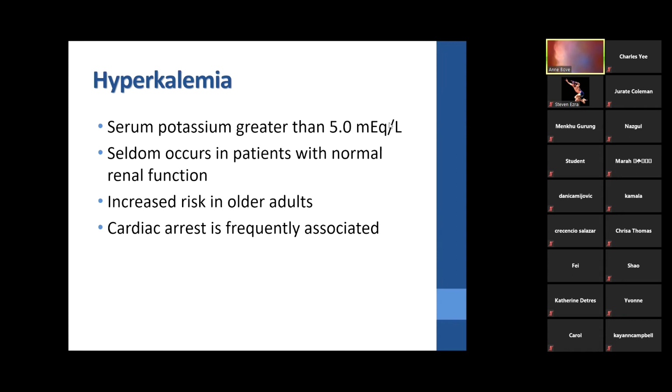Hyperkalemia is related to cardiac suppression, and if your potassium level is too high, you're going to go flatline. So with hyperkalemia, you'll see flatline. With hypokalemia, as we'll talk about later in the course, you may see PVCs and cardiac dysrhythmias.